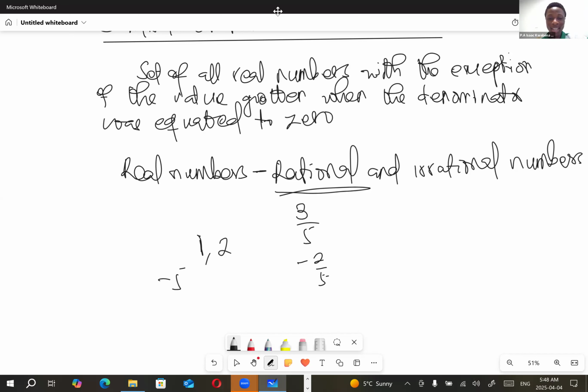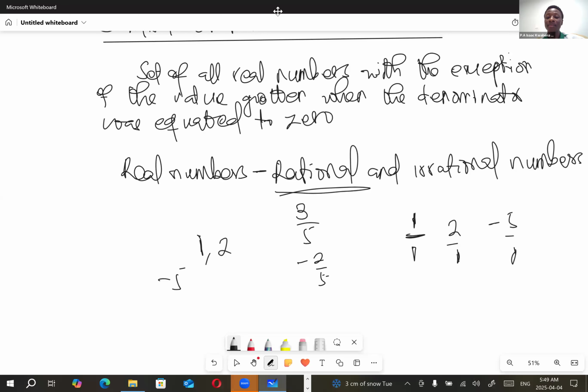Whole numbers in general can be written over 1. 2 over 1, negative 5 over 1. Whole numbers ordinarily can be written in a fractional form, known to be over 1. So it appears as a fraction, so it's rational. So whole numbers are also rational numbers? Yeah.